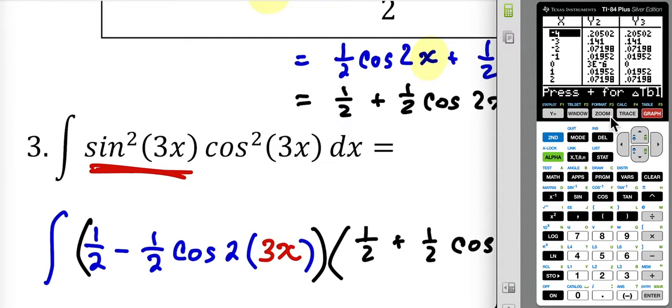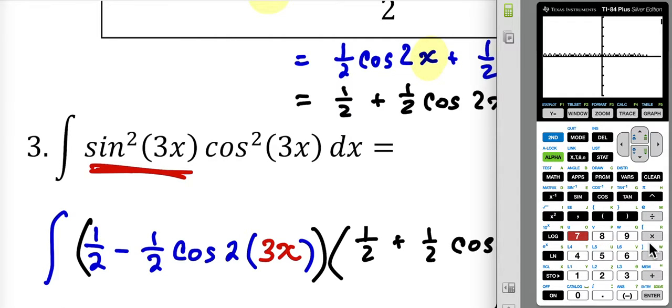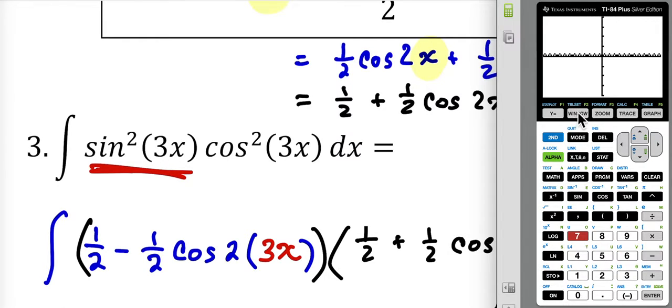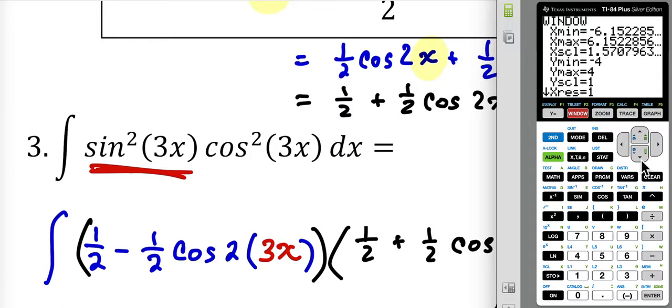Some people like the view of it. Let me do, no, that's not a good one either. I'll start with a zoom 7, and then I'll correct for it. We don't need negative 4 to 4. Negative 1 to 1 will do the trick. And we don't need to go out to negative short of 2 pi.